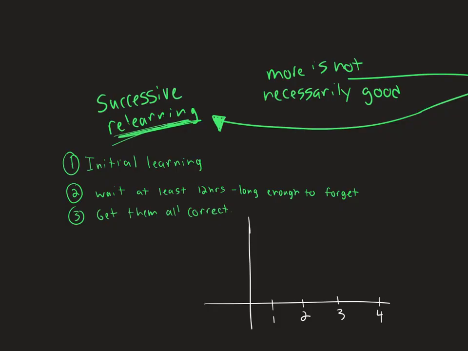Right, here's the graph. This is the number of repeats. So after the initial learning, if you don't do anything, I don't remember these exact numbers, but this is essentially what the graph looks like. It's increasing. So if you do one extra, a lot of learning happens here.